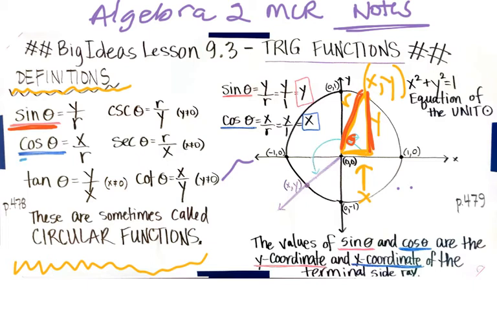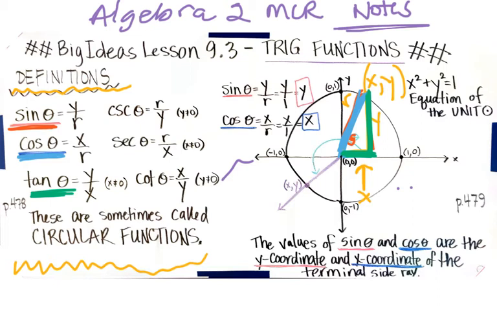Cosine is going to be adjacent over hypotenuse, so it's the x length over the r length. Of course, tangent is going to be opposite over adjacent, which is y over x. So we can define those three like that.